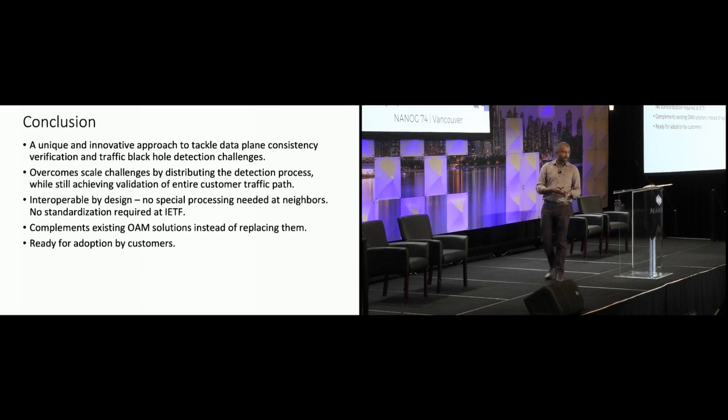And because we are using LSP ping, it's interoperable by design. There's no standardization required. Your neighbors don't have to be running a particular version of the software or a particular vendor. As long as they are able to send and receive echo replies and echo requests, they should be able to work.